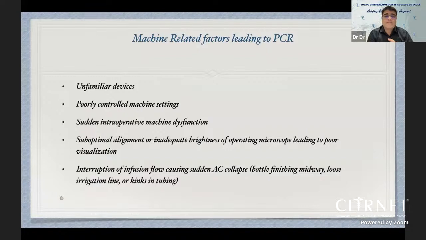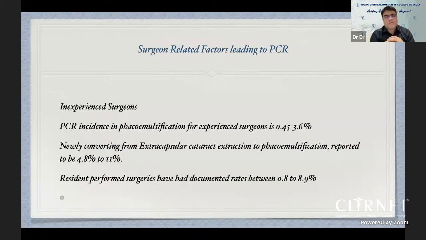Or there may be interruption of infusion flow because the infusion bottle finishes midway, or there is a loose irrigation line that comes off the phaco handpiece, or sudden kinking in the tubing. It can cause sudden interruption of infusion flow, which causes sudden AC collapse, and the posterior capsule may get ruptured.